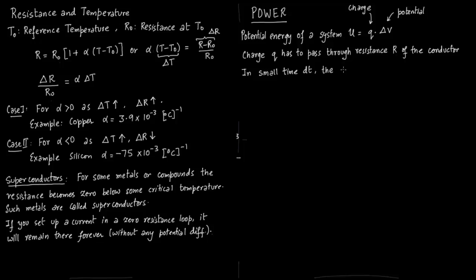Now in a small time dt, there is a small change in potential energy dU, and this comes from the transfer of a small charge dq through the conductor.